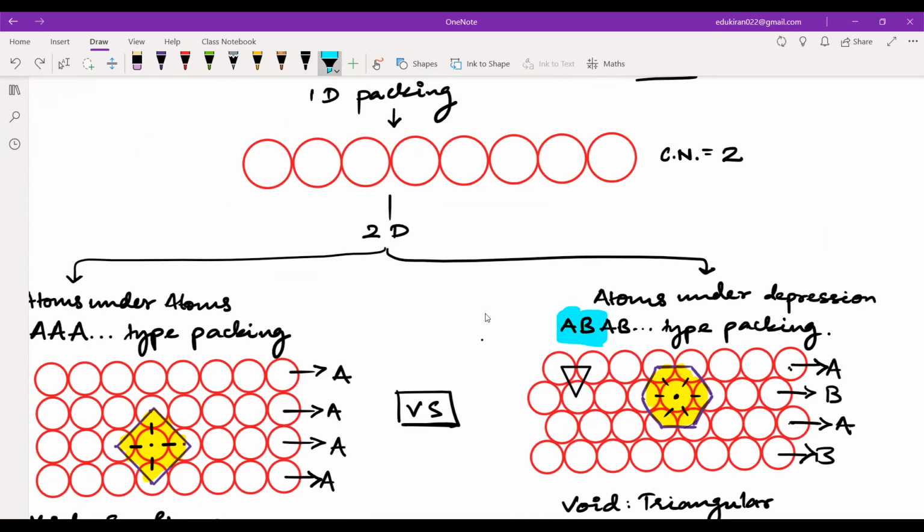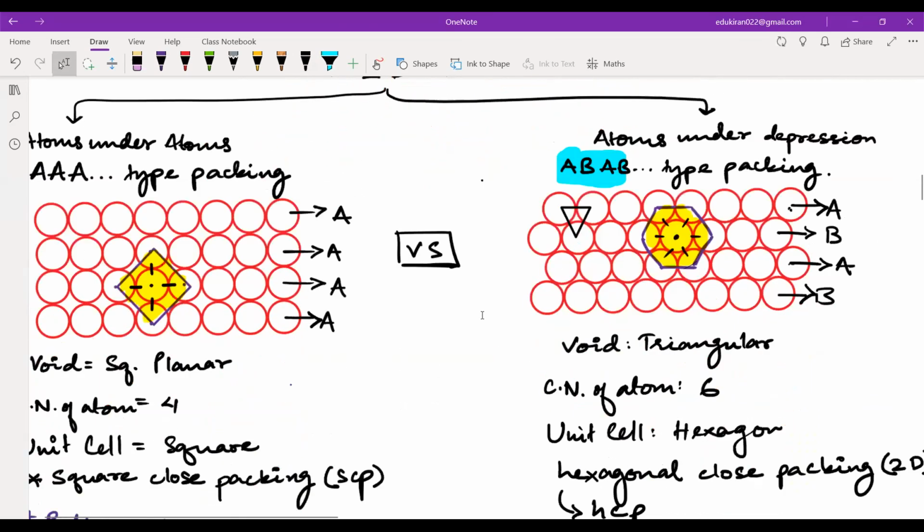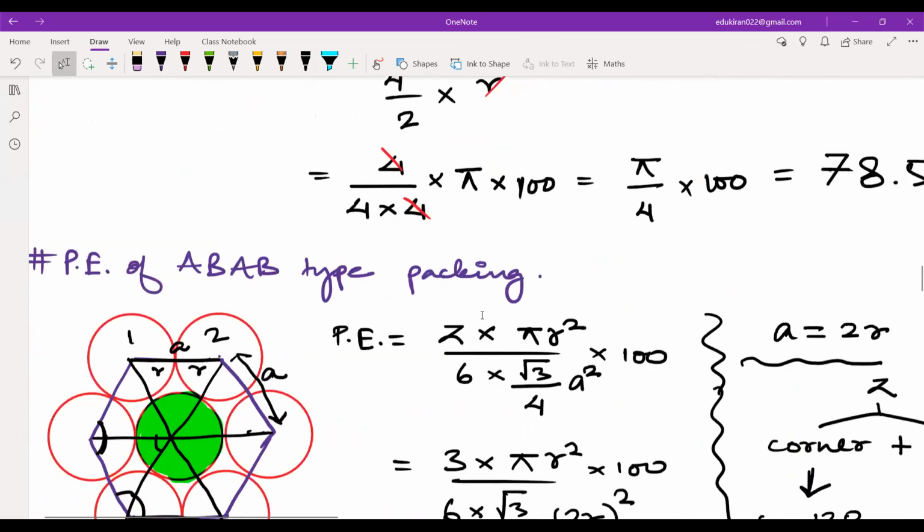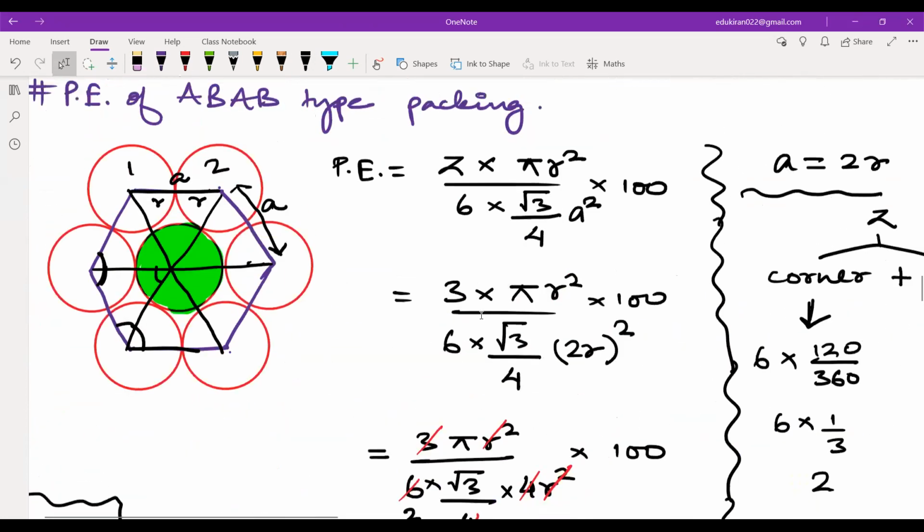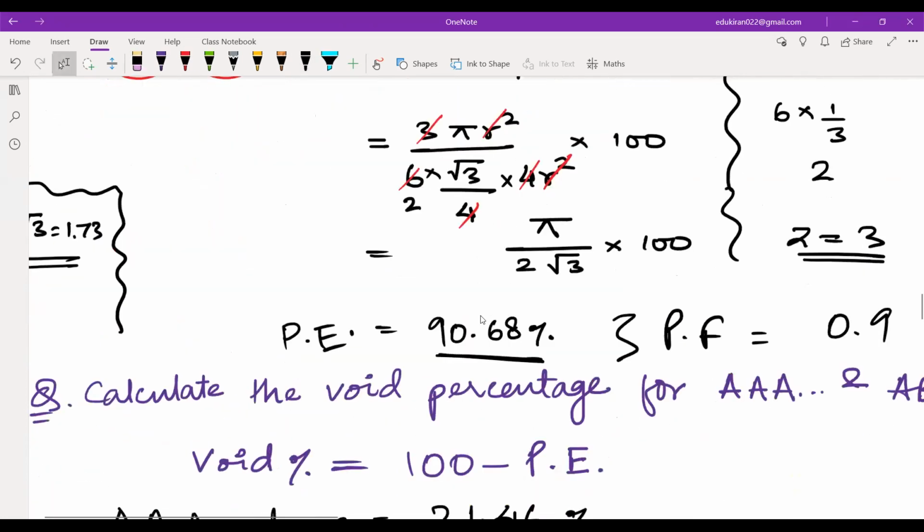So what I wanted to prove is that even if I take the hexagonal unit cell or the triangular unit cell, we will get the same packing efficiency. In packing efficiency, if I took the hexagonal one, I again got 90.68. This just proves that if I study a very small portion, that is the unit cell, and we repeat the unit cell, we can make the whole packing. So if I study that particular small arrangement of atoms, then we are in fact studying the whole packing.